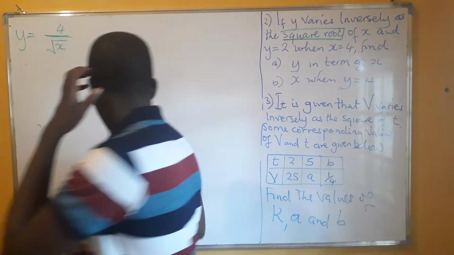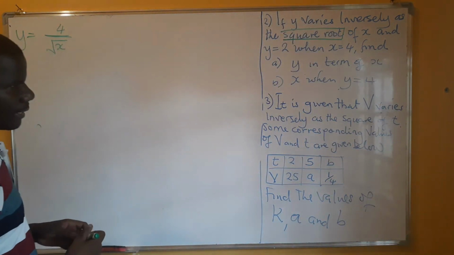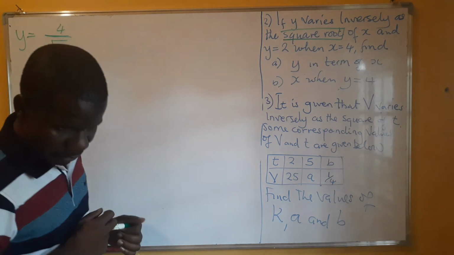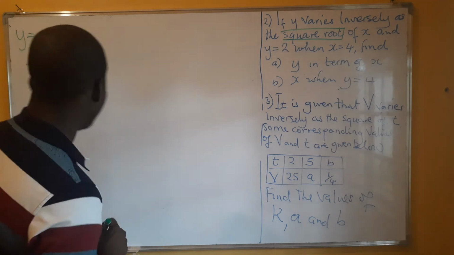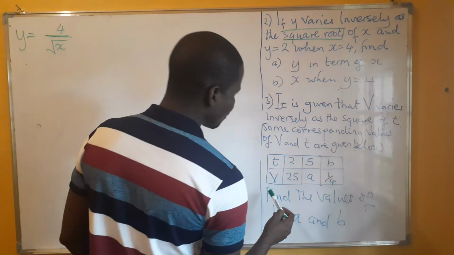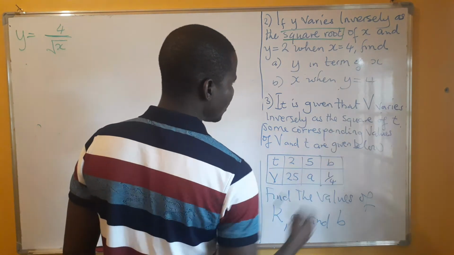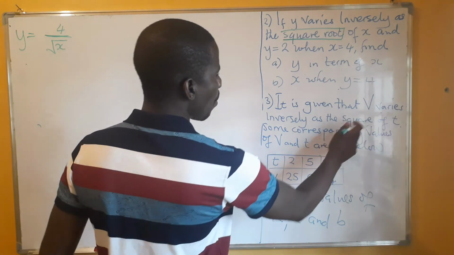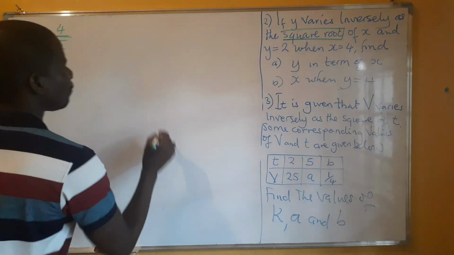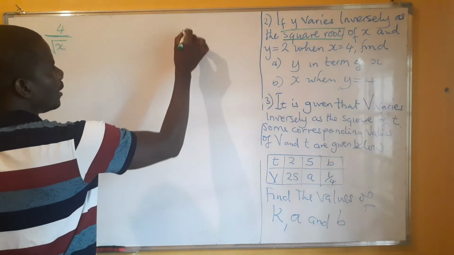All right, so let's look at the last question. This question is coming from one of the past papers. I'm not sure which year, you can try to confirm. It is given that v varies inversely as the square. Now you see the difference between the square root and square. The square of t is this one.